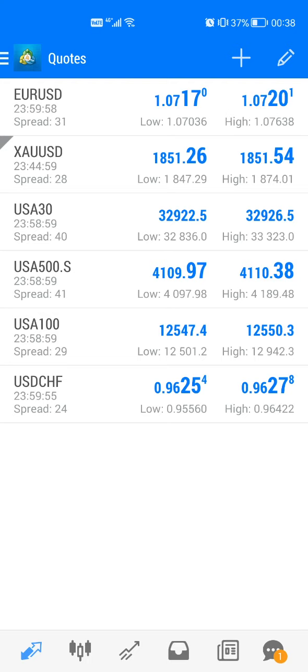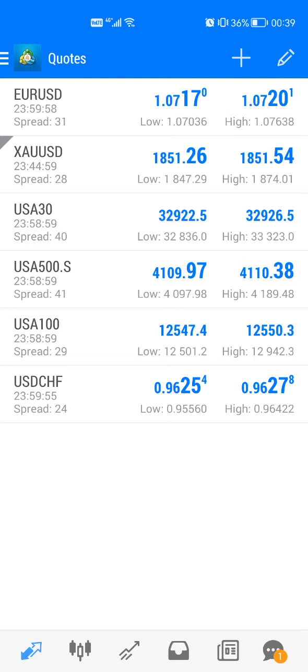And then US 500 simply means 500 companies are investing in this stock. And US 30 simply means there are 30 companies in this stock. So it's very important to watch the news based on NAS 100 if you are trading NAS 100, watch news based on US 500 if you are trading US 500, watch news based on US 30 if you are trading US 30.